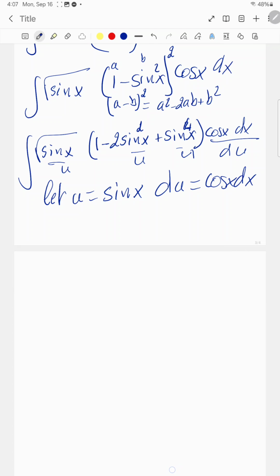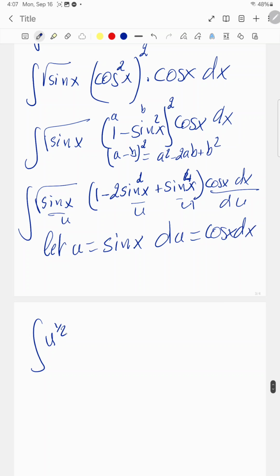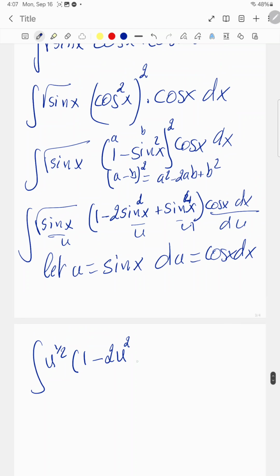So my integral becomes the integral of square root of u, which is u to the power 1/2, times (1 minus 2u square, because u is sine x, plus u to the power of 4), and my cosine x dx is my du.